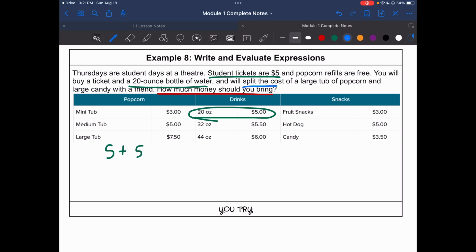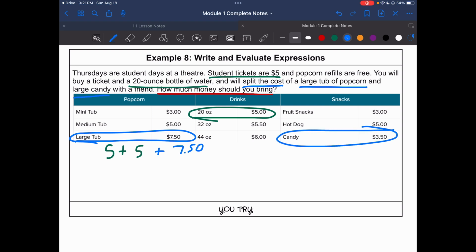You're splitting the cost of a large tub of popcorn, which is $7.50, and a large candy with a friend. The candy is $3.50. But you are splitting it, so that is being divided by 2.